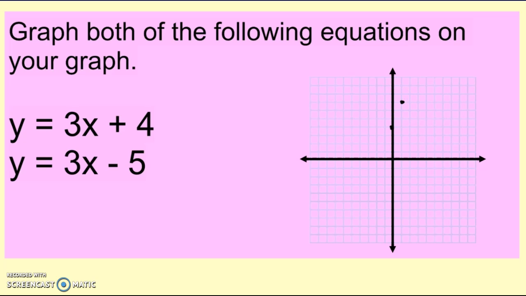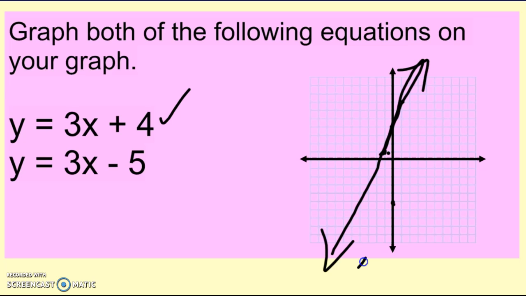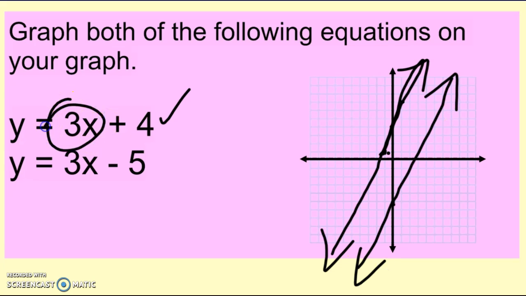That's the first one right there, and then if you have 3x minus 5, your y-intercept is at negative 5, and it should be going parallel to that. They have the same slope, so they're going to be parallel.